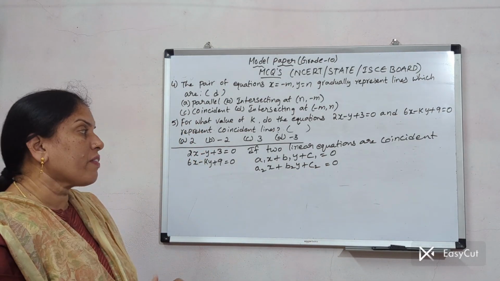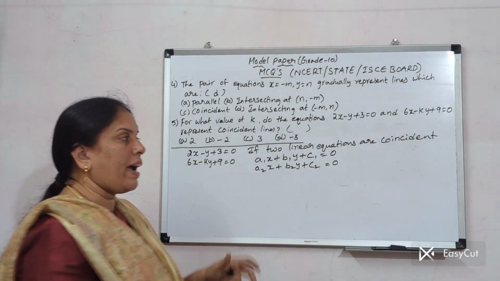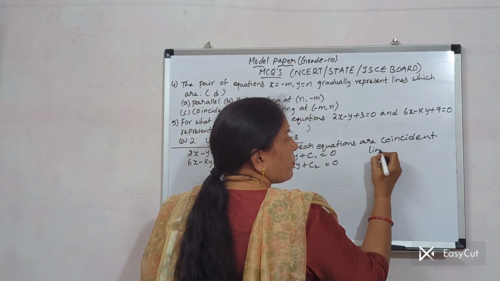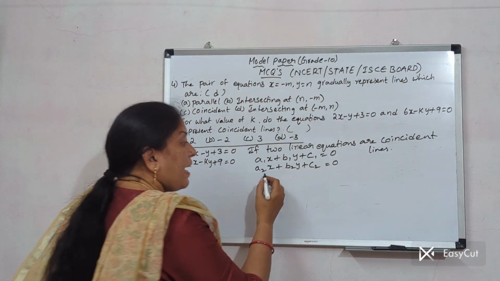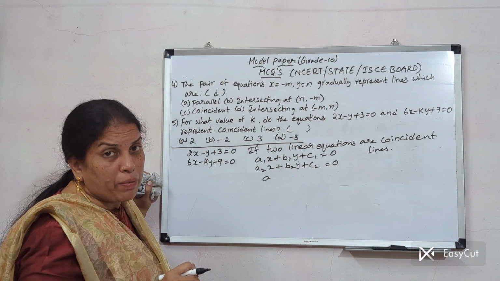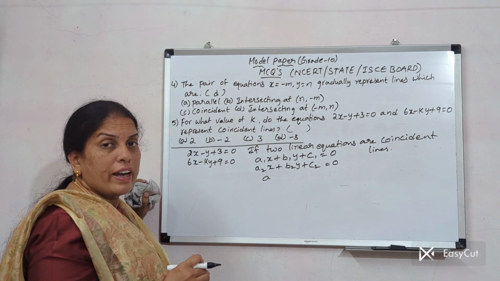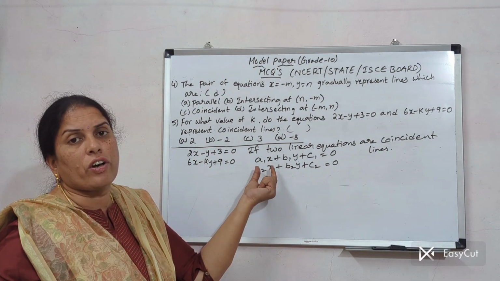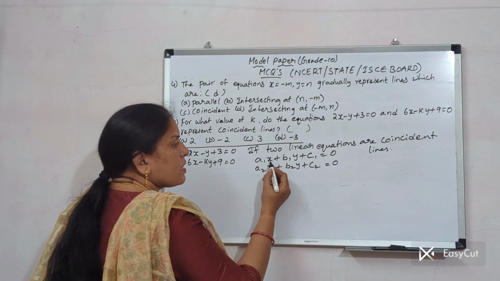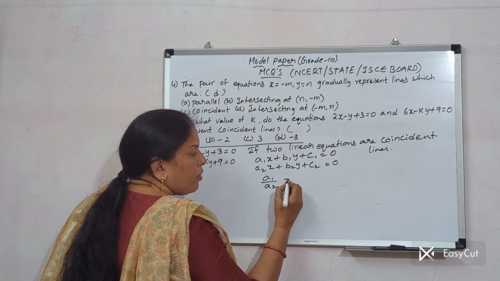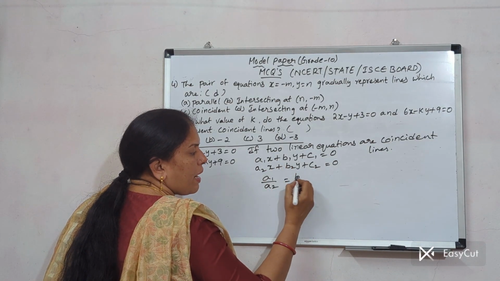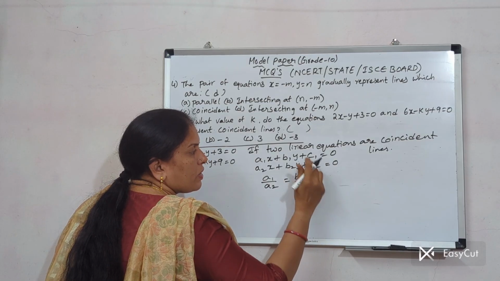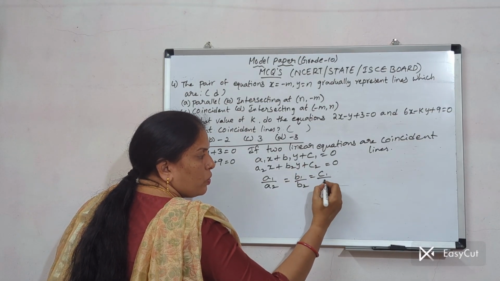If two linear equations are coincident lines, how will they be? Their ratios will be equal. Ratios means coefficients of variables. That means a1 by a2 will be equal to b1 by b2 is equal to c1 by c2.